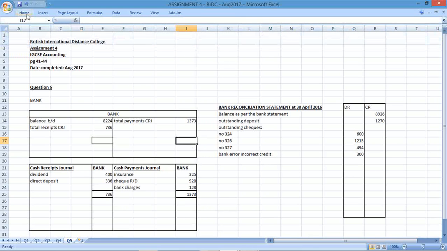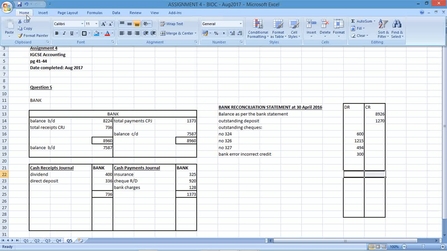Balance the left and the right. The debits are looking bigger. Balance carried down, balance brought down. And I've got an amount of 7587.